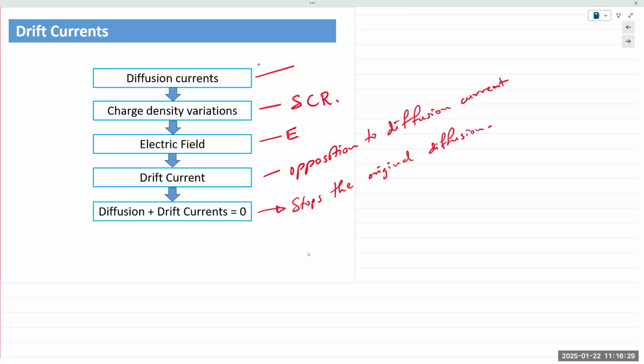Okay, it stops the original diffusion. And this is basically the key factor in how a diode or semiconductor works in just one direction versus the other.